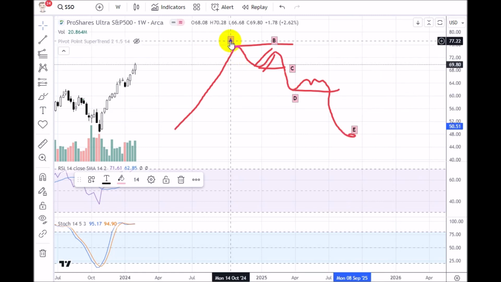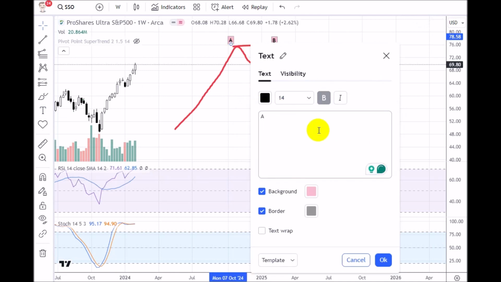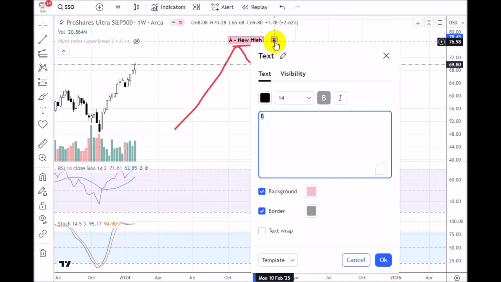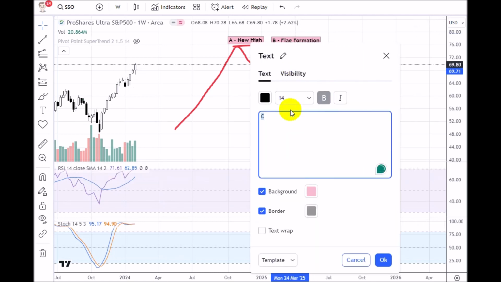So basically this is a new high. This is a flag formation. This is a breakdown of the flag.